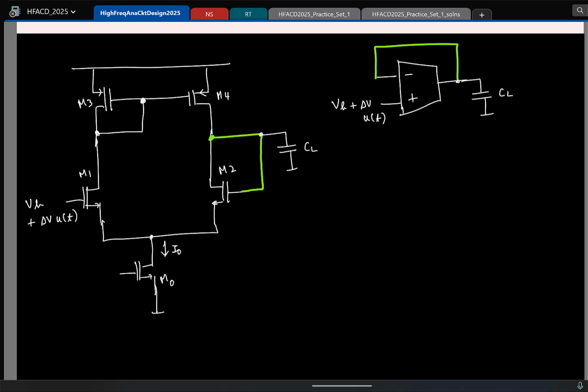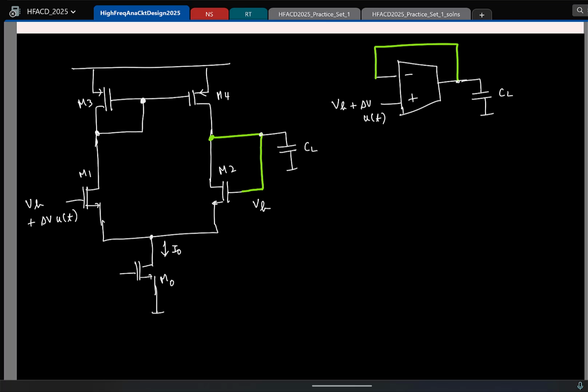And what will be the bias voltage at the inverting terminal? Only the DC bias voltage. VB, again virtual ground, so even the DC bias will be the same. Is this clear? So I'll just say that the bias here is VB.